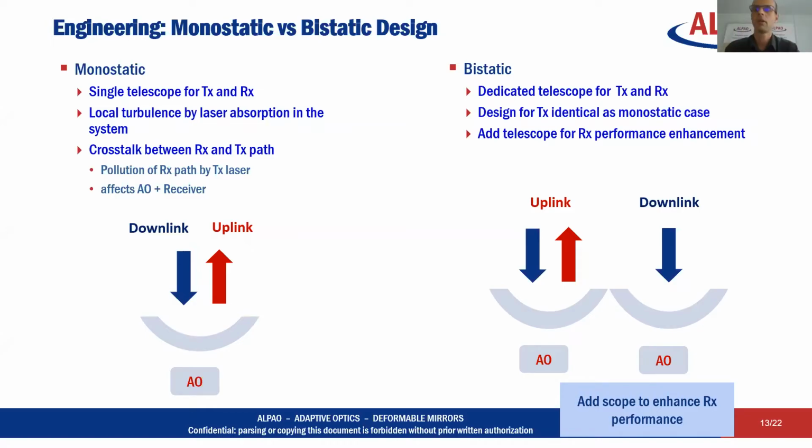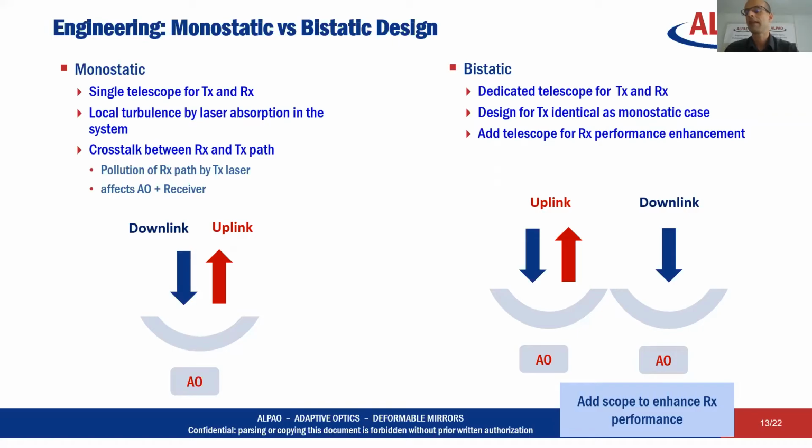So a simple example, if you have a telescope diameter of 1 meter and a Fried parameter of 5 centimeters, which is strong turbulence, then you might want to use something in the ballpark of 20 actuators across the pupil.